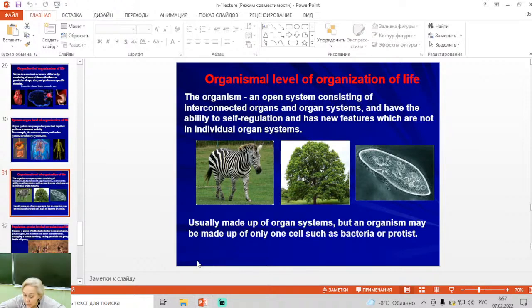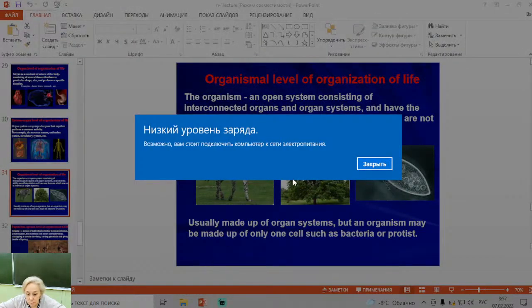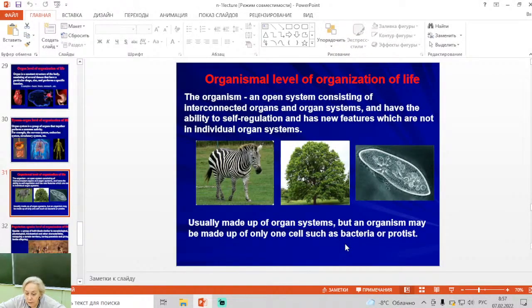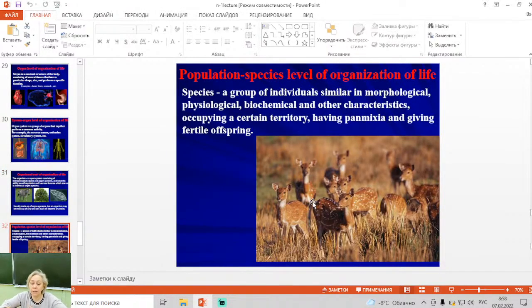It is usually made up of organ systems, but an organism may be made up of only one cell, such as bacteria or protists. Next level, population.